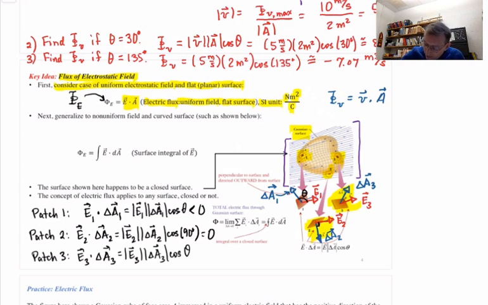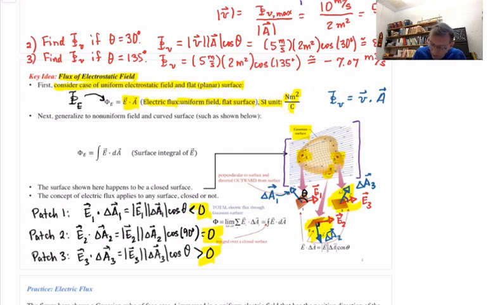And they're trying to show you here, in this case, that the angle theta between the delta A and the E is less than 90, which means the cosine of theta is positive. So that patch has a positive flux through it. So some patches, like patch 1, could have a negative flux. Some patches, like patch 2, have no flux. And some patches, like patch 3, have positive flux.